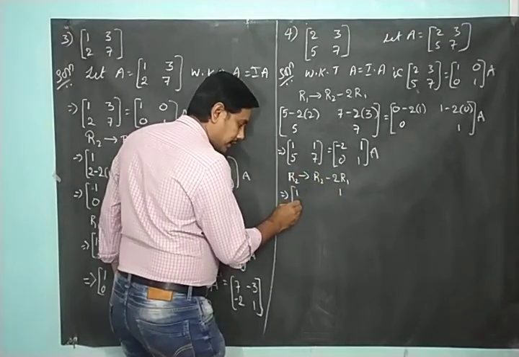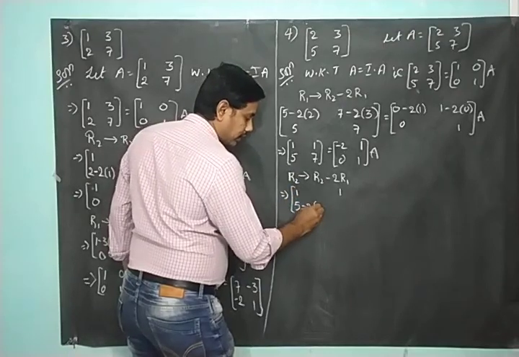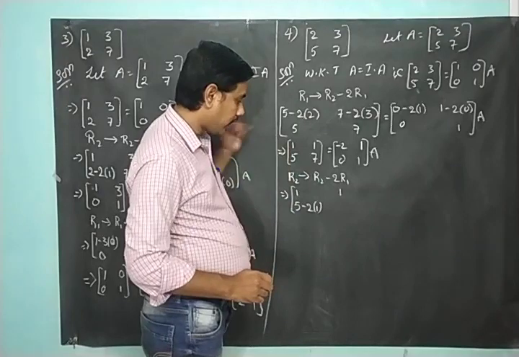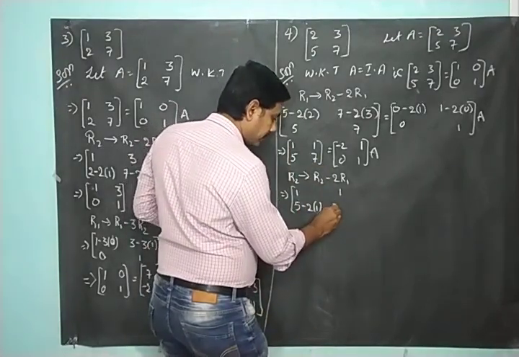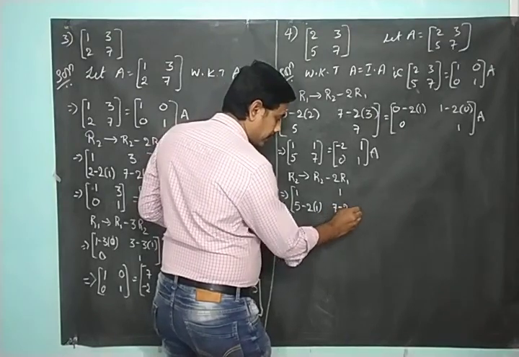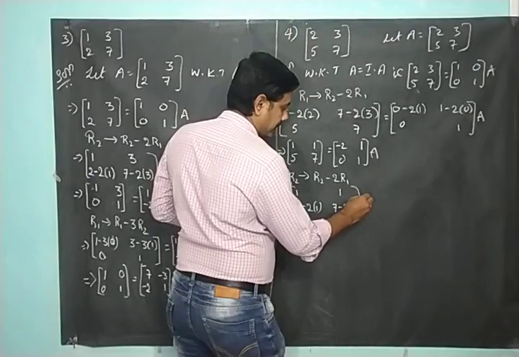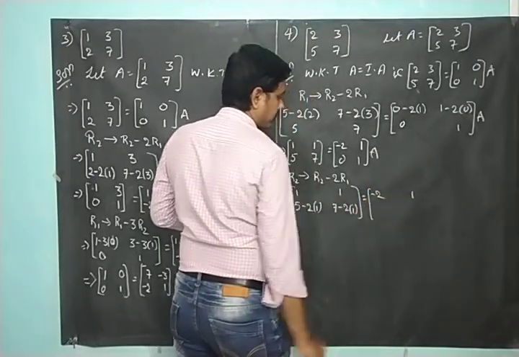What is R2 here? 5 minus 2 times of what is R1? 1. Is that clear? 5 minus 2 into R1. Here R2 is what? 7 minus 2 times of R1, which is 1.